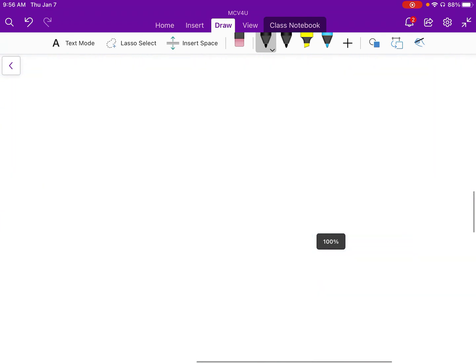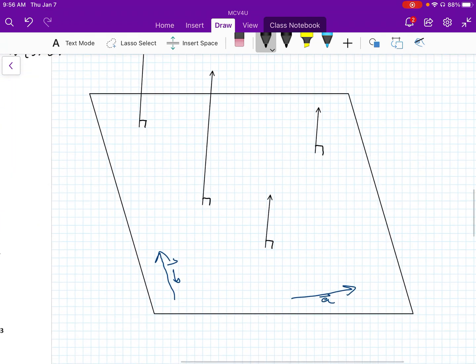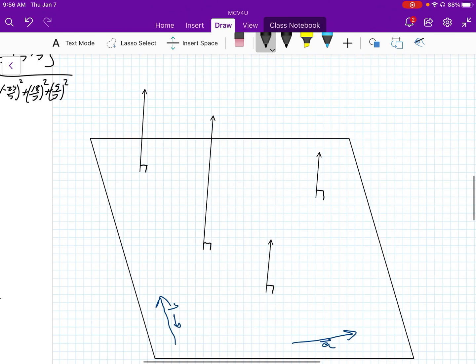On the outside, we see this parallelogram, that's a plane. We've got normals. I've given you 4 different normals here. They are all perpendicular. They are of various lengths. They can be placed anywhere on the plane itself. The vectors A and B that I have there are 2 non-collinear, non-zero vectors that define this plane.